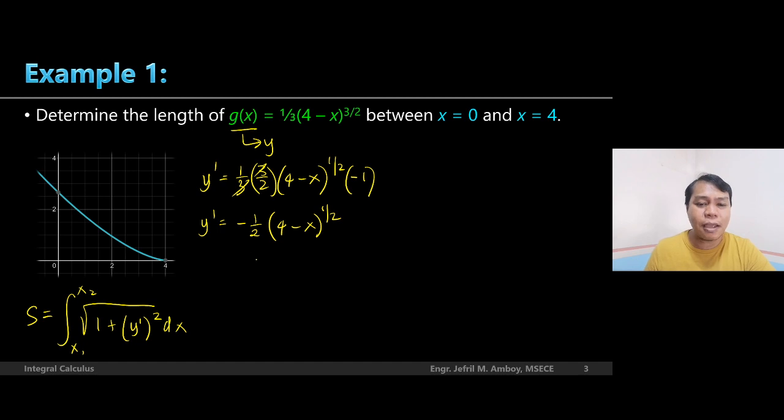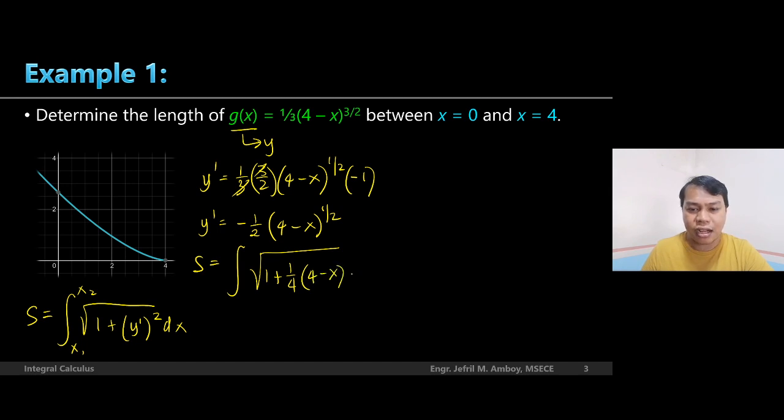Now let us substitute this to the formula for finding the arc length. S is now equal to the integral of the square root of 1 plus y prime squared. Pag ito in-square ko, magiging 1/4 lang yan. No? And then kapag ito in-square ko, matatanggal yung 1/2. No? Magiging 4 minus x na lang siya. And then lalagyan ko dito ng dx.